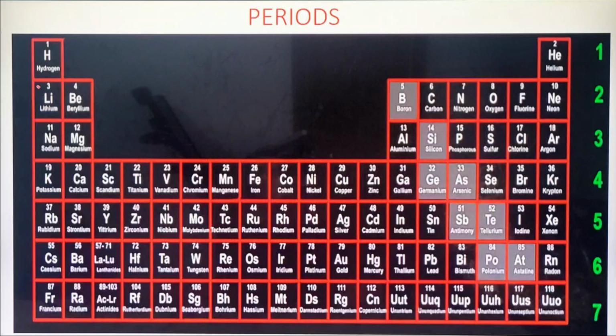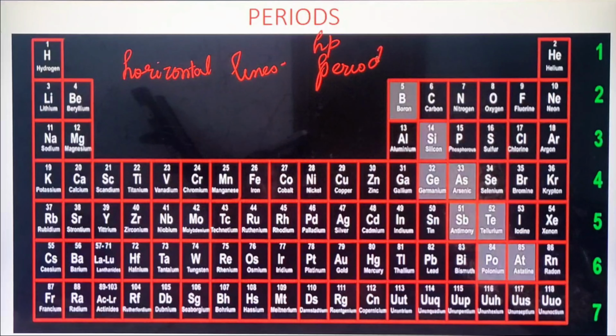Now, children, please remember the numbers. Let us first start counting the horizontal lines. What are the horizontal lines called? We know it is HP: the horizontal lines are called periods. This is the whole periodic table that is given to you. This is period number 1. Hydrogen and helium belong to period number 1.